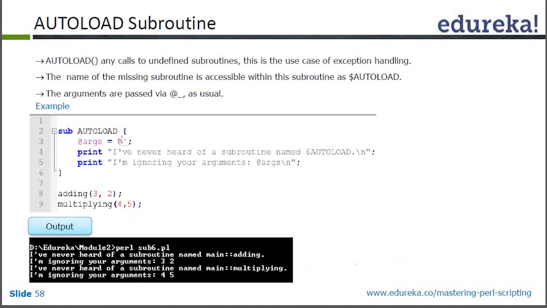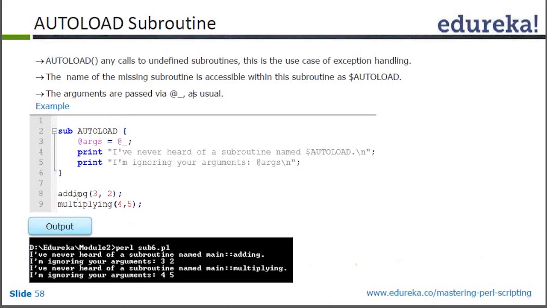So that means we don't want to define those subroutines. And these arguments are passed in @_, meaning the default arguments of this functionality or subroutine are passed in @_. Now we want to print the subroutine and $AUTOLOAD. So $AUTOLOAD, what does it contain? Okay, $AUTOLOAD doesn't contain anything actually, because it is undefined, and I am ignoring your arguments.